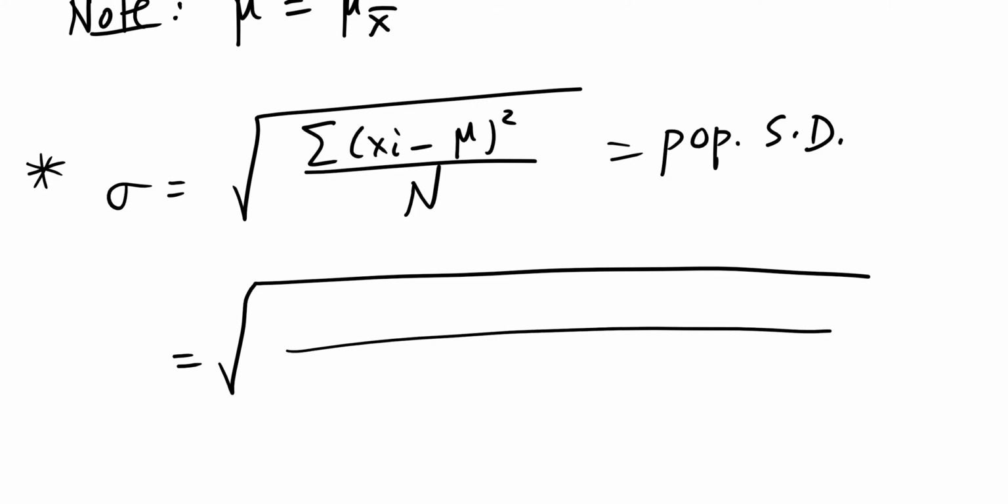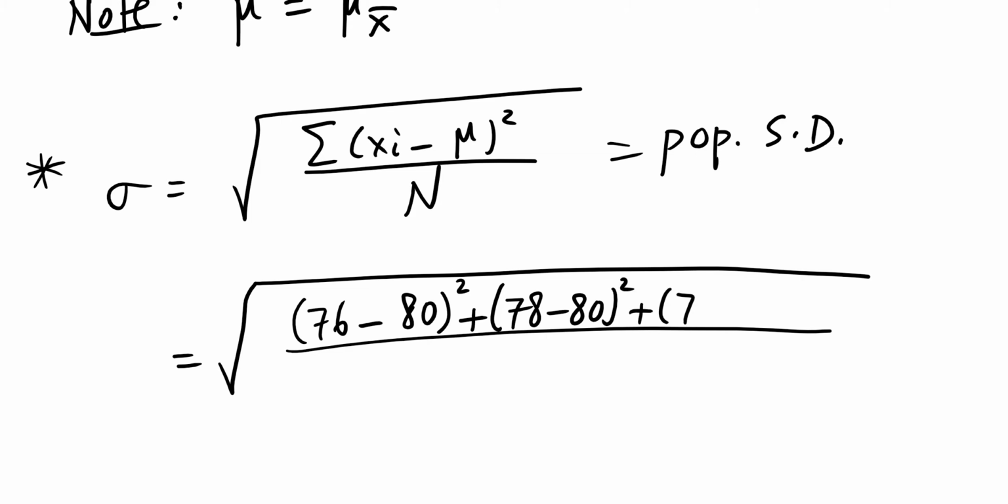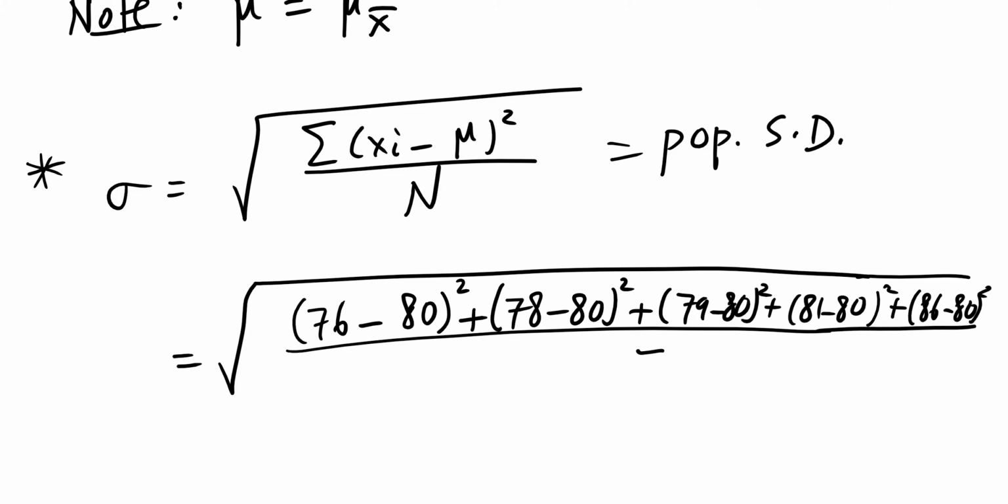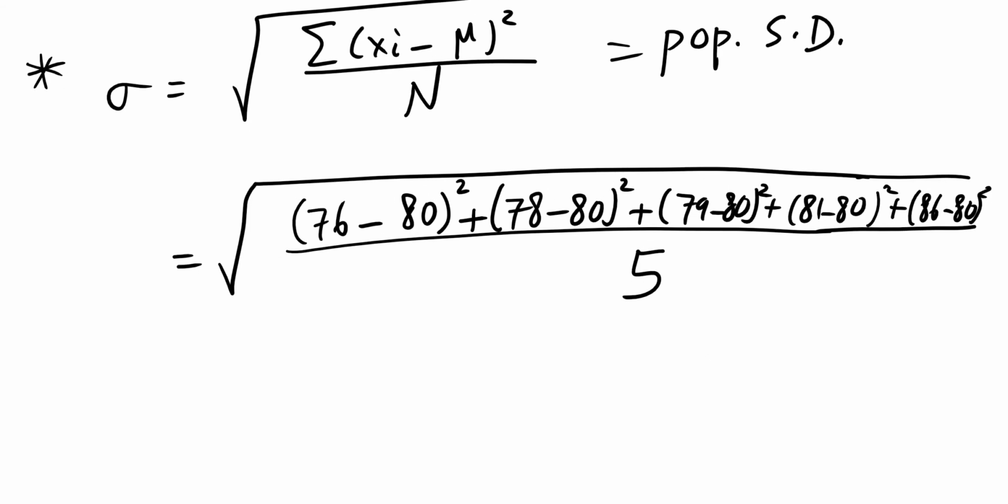The heights were 76 minus the population mean 80, squared, plus, because that's what the sum means, the second one, 78 minus 80 squared, plus 79 minus 80 squared, plus 81 minus 80 squared, plus 86 minus 80 squared, over n, which is the population size, 5.